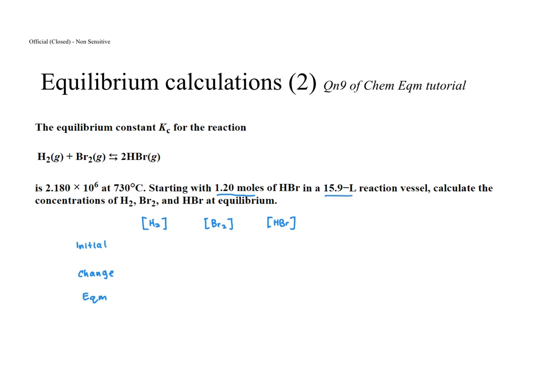So from there we can calculate the initial concentration of HBr. So based on these values, we have an initial concentration of 0.07547 molar. Let's put this value into the table.